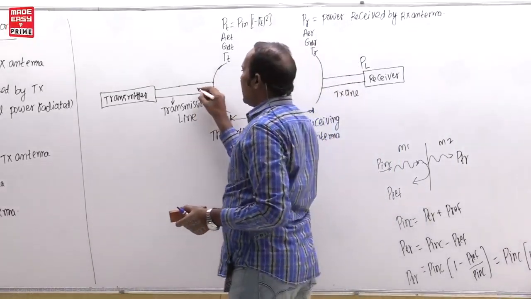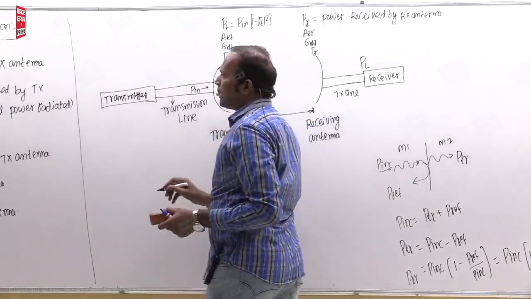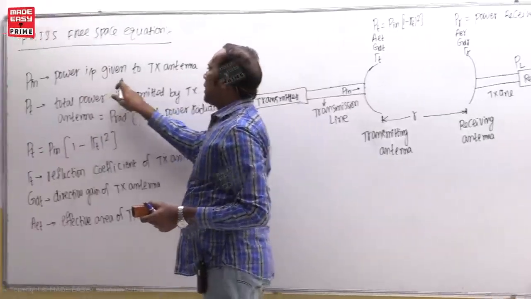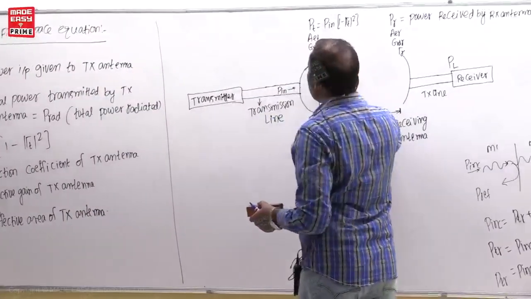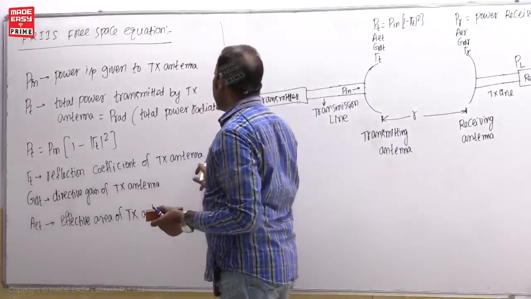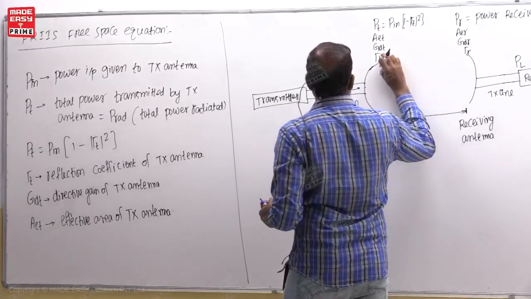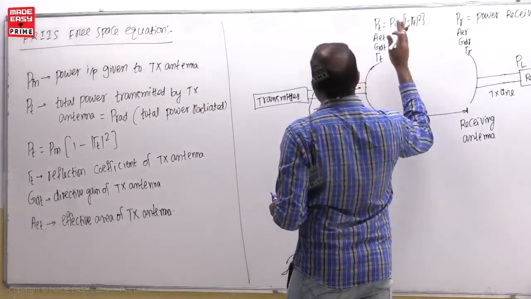Now if I supply P in power input, or otherwise P incident, to the transmitting antenna, then gamma t means the reflection coefficient of the transmitting antenna. Because of that, some power is reflected and some power is transmitted.